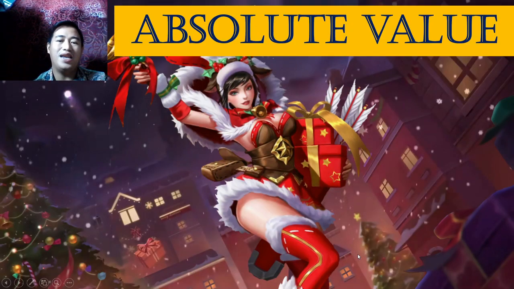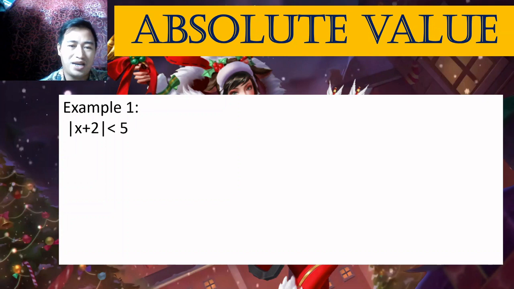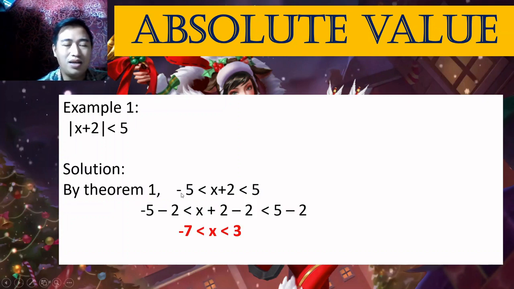Now let's do an example. The absolute value of x plus 2 is less than 5. Solution: we use Theorem 1 since it is less than. Theorem 1 says it is in between the positive and the negative. So negative 5 is less than x plus 2, which is less than 5.